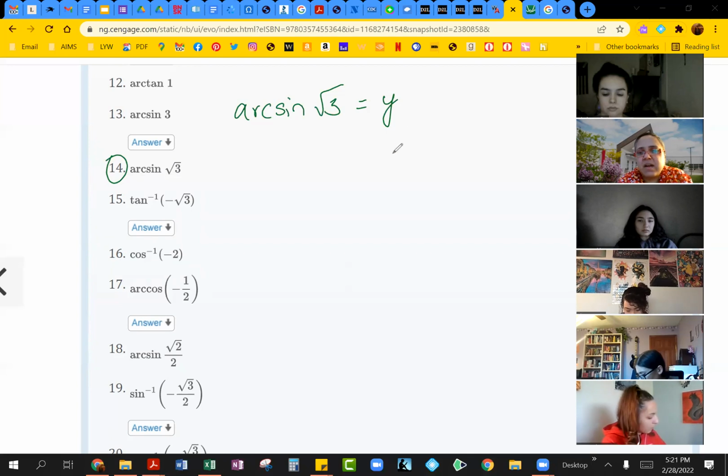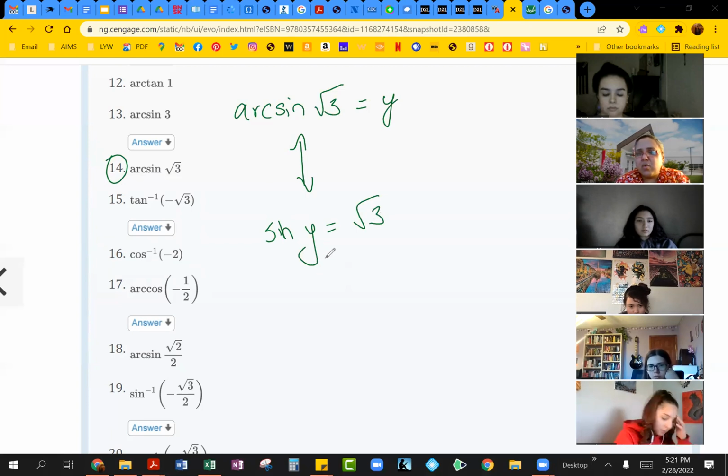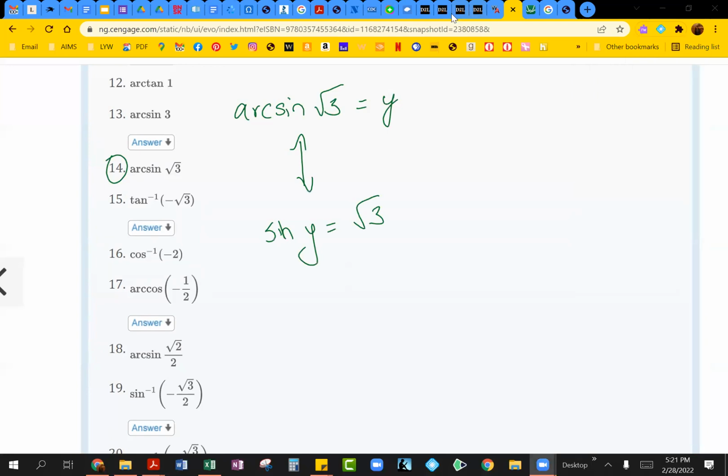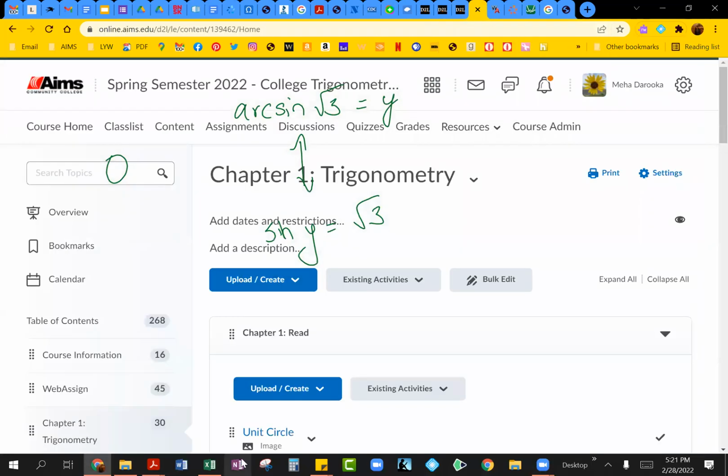So if this is arc sine of square root of 3 equals y, then basically you have to think, okay, sine of y equals square root of 3. So for what value of y would my sine function be equal to square root of 3? And while you guys are thinking, let me see if I can open up our unit circle.